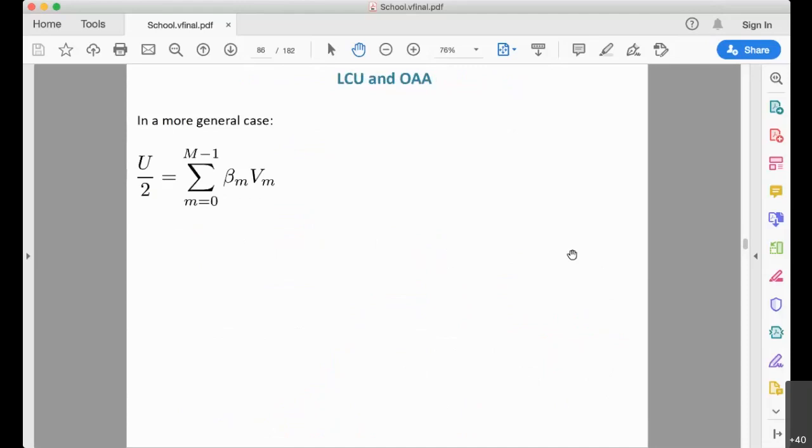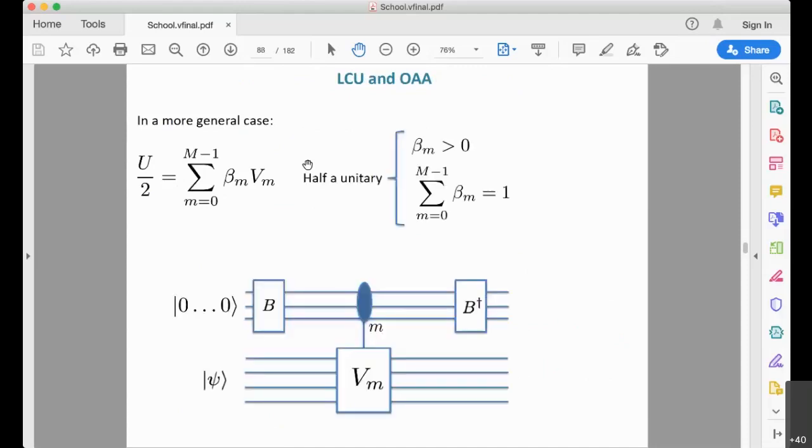In a more general case, half of a unitary may be a larger linear combination of unitaries, not just two. In that case, we can do a similar circuit. It's just that now we need more ancillary qubits to encode all the coefficients in the linear combination of unitaries. But the trick is basically the same.